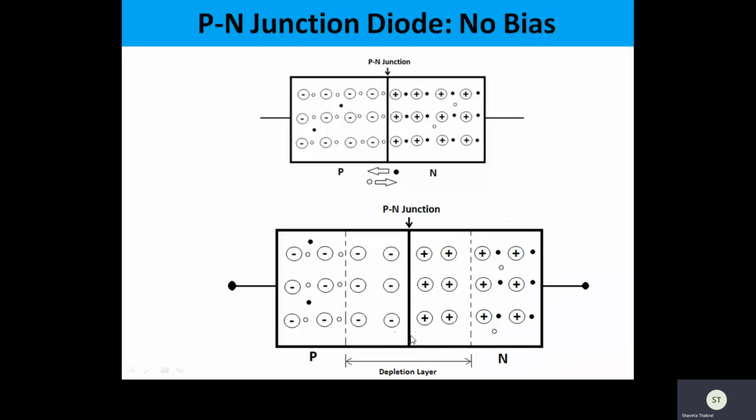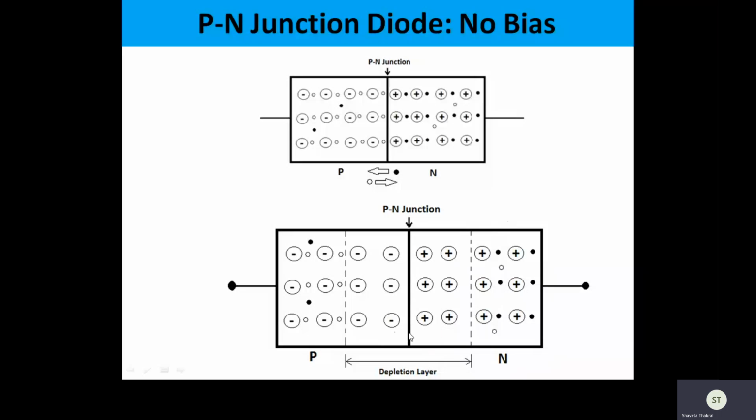This voltage that is created at the junction due to establishment of the depletion layer and the formation of the potential barrier is called the junction voltage, or the internal voltage, or the potential barrier voltage specifically, or the cut-in voltage or threshold voltage, or sometimes the firing voltage, or most popularly the knee voltage.